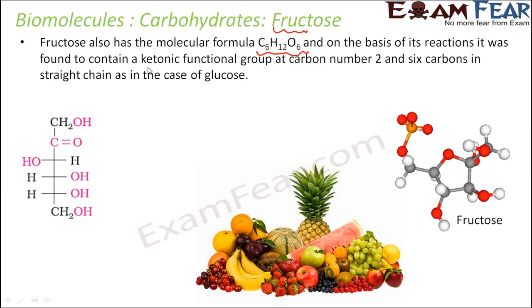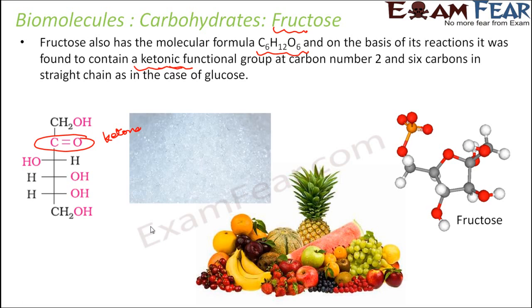So that is the difference from glucose. In glucose we had an aldehyde group, but in case of fructose we have a ketone group. So that is one difference. So this is how the structure of fructose looks like. It is present in fruits. That is why the name fructose.